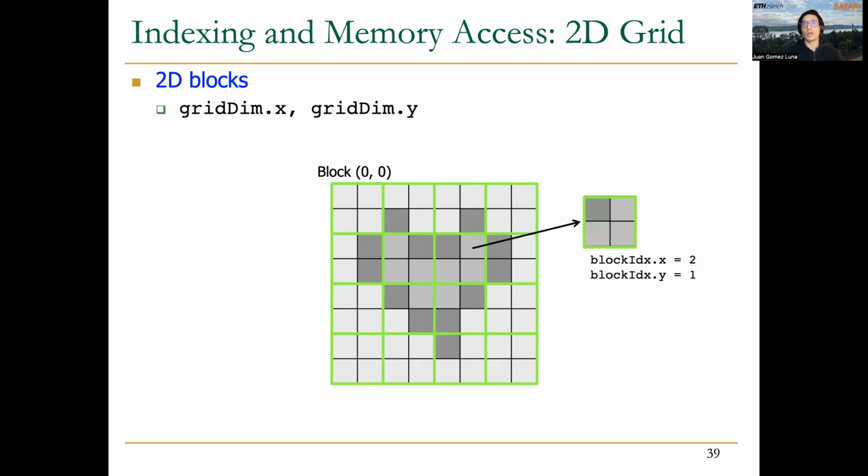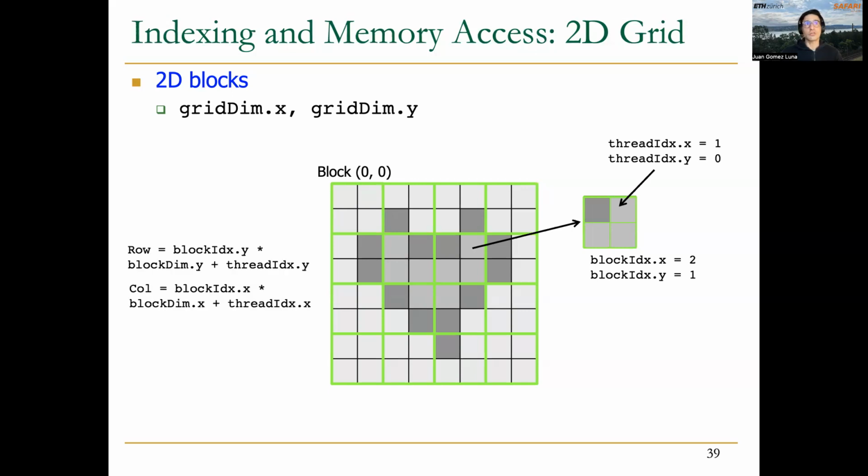And this block here will also have a 2D index. We have blockIdx.x and blockIdx.y. For this particular block, x is 2, y is 1. And then again, we have the same x and y indices for the individual threads in each thread block.